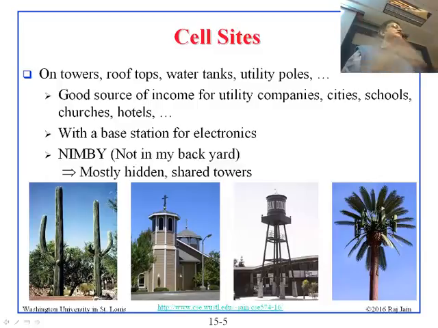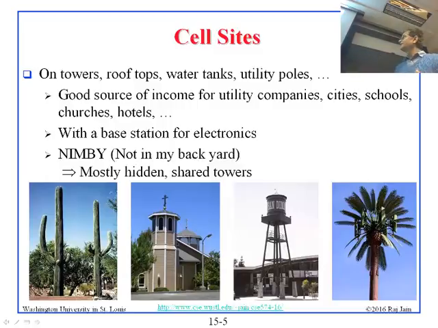So anyway, nobody wants the tower. But what happens is they're everywhere. You don't see them. They're hidden. So this is not a real tree. It's a tower. This is not a real, whatever that is, it's a tower.